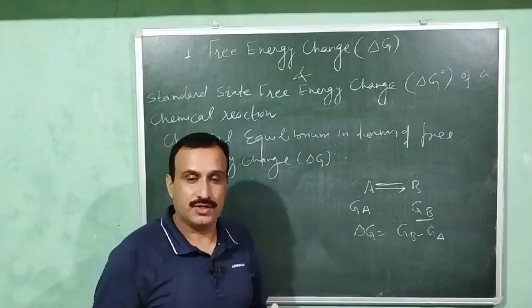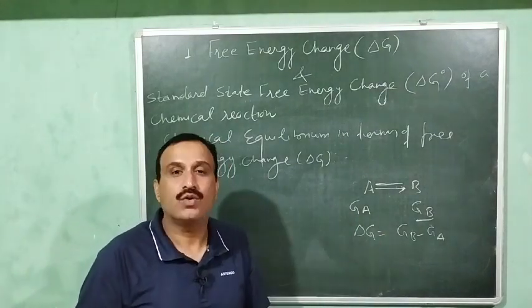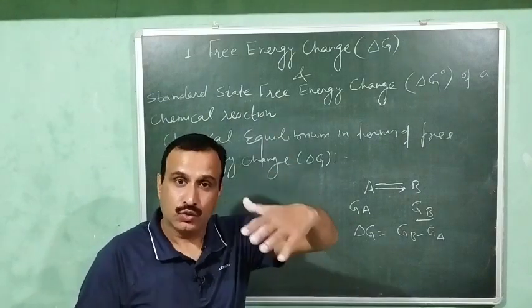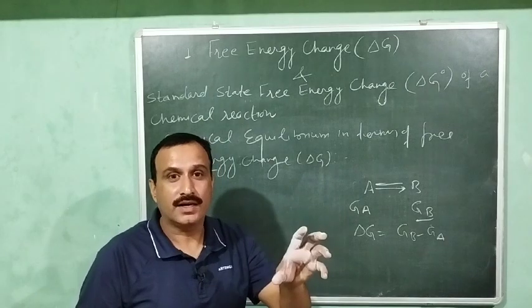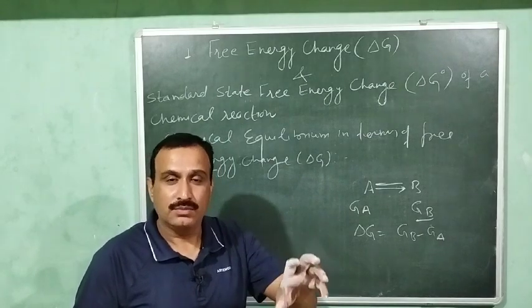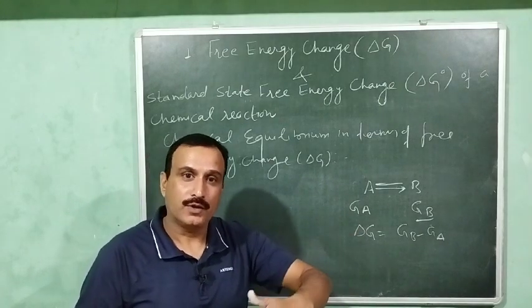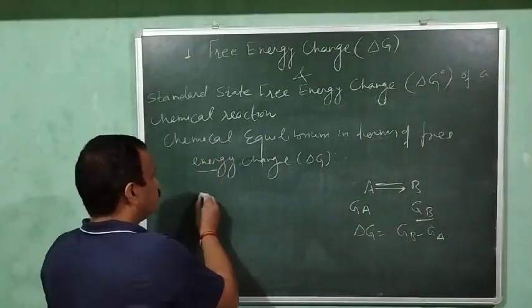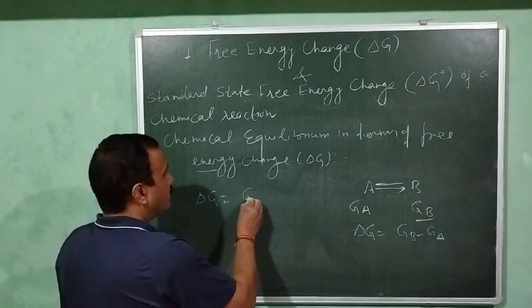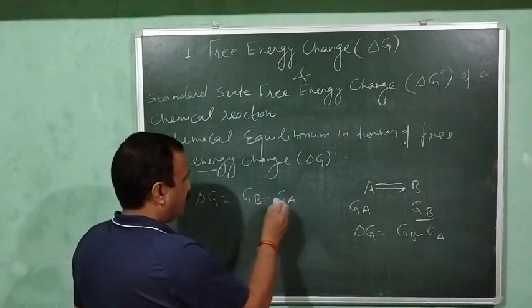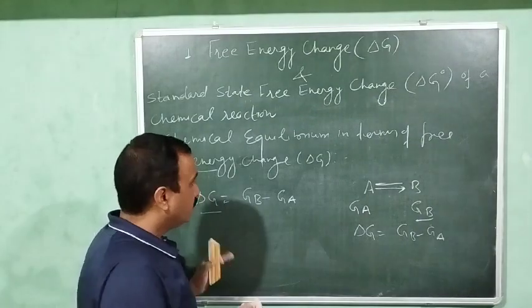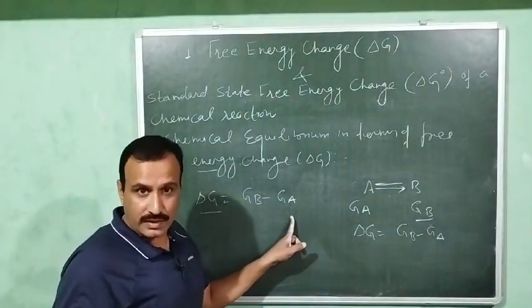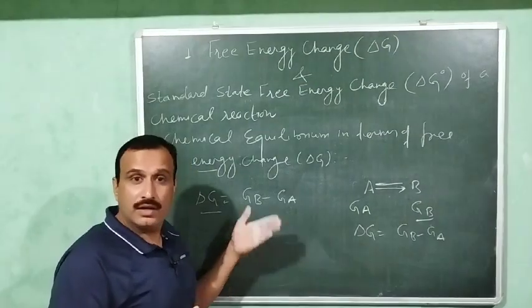So the free energy of the reactants will start decreasing and the free energy of the products will increase. तो होगा क्या कि जो आपका डेल्टा जी है वो Gb minus Ga है. So as the reaction is occurring, concentration of reactant is decreasing, so Ga will decrease and Gb will increase.